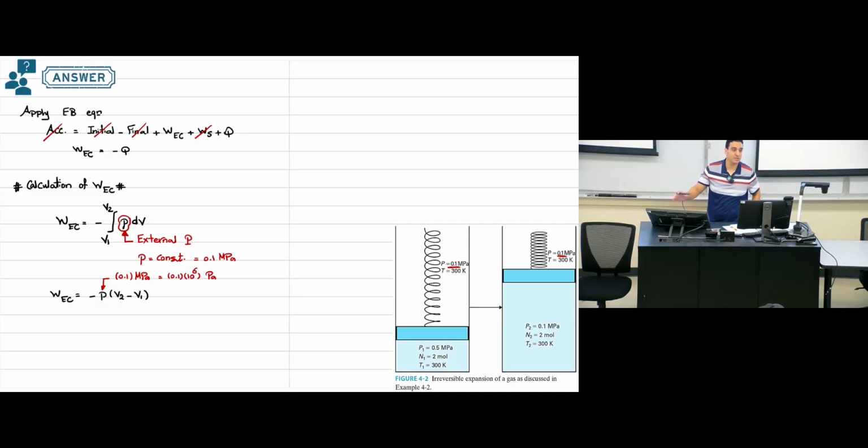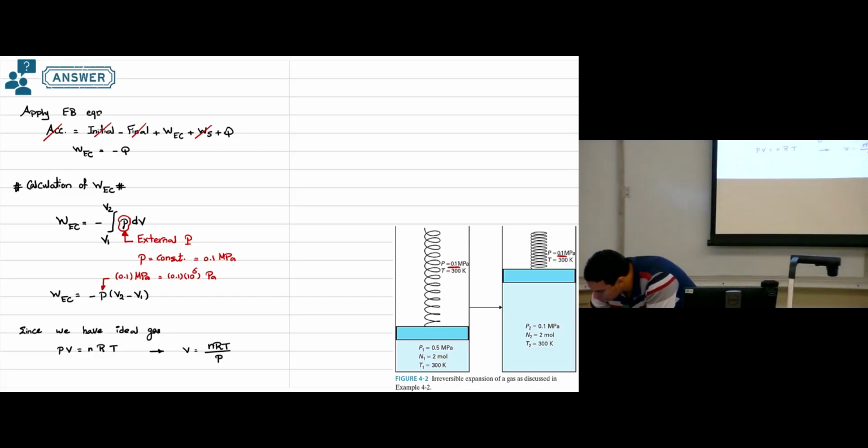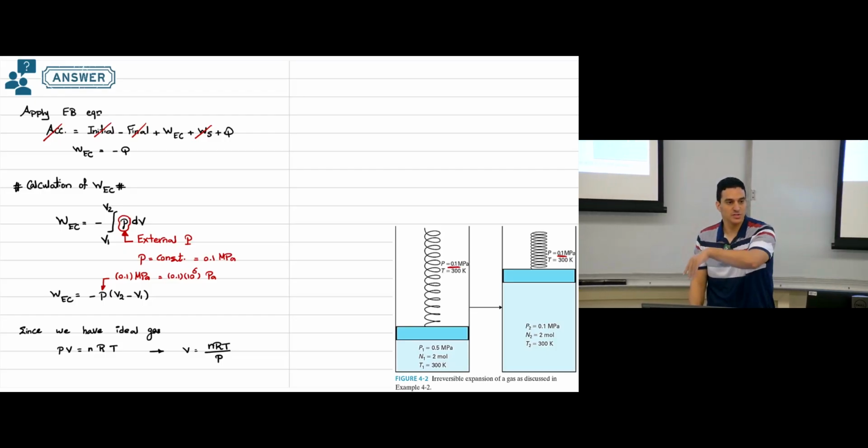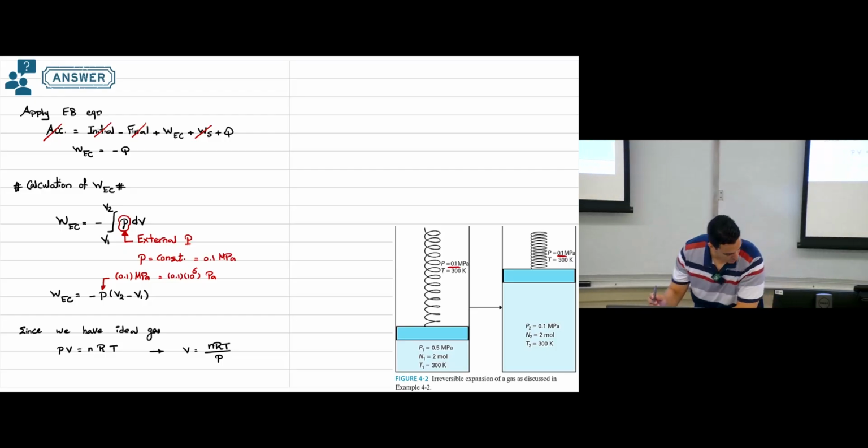I know from the example that it's an ideal gas. So since we have an ideal gas, we have PV equal nRT. So this implies that V is nRT over P. For the initial condition, we have the number of moles, we have pressure, we have temperature. So we can substitute in this one here.